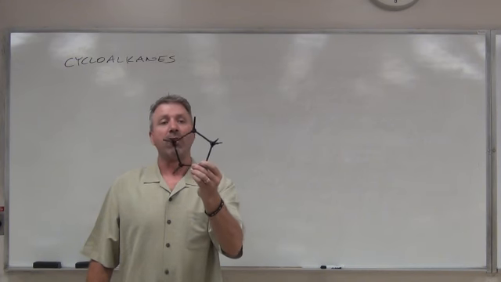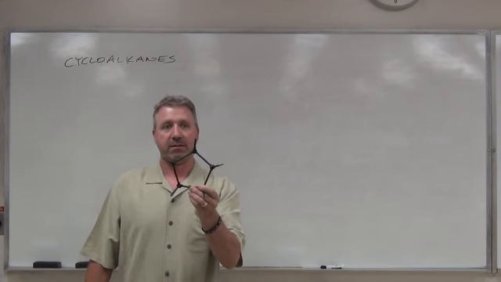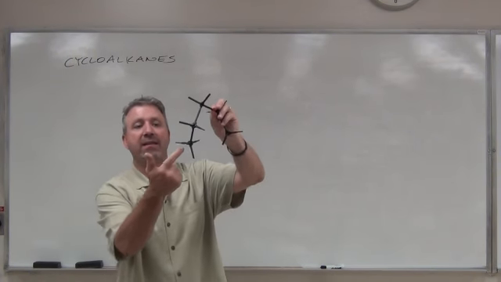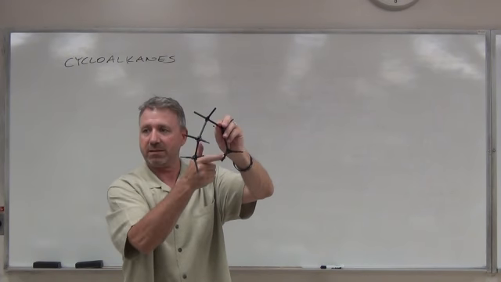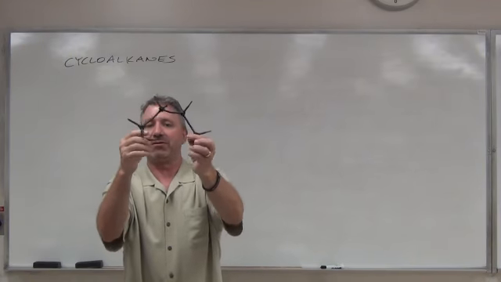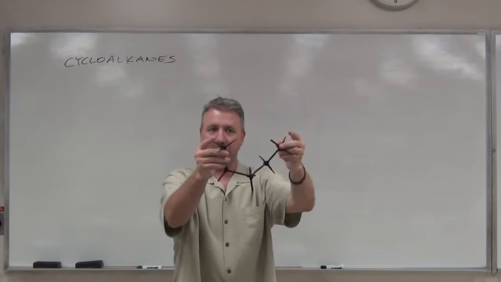Now, rings are considered unsaturated. You can think of saturated as meaning that each carbon has its maximum number of hydrogens to maintain its tetravalency. Any number less, you see how these terminal carbons are CH3s?